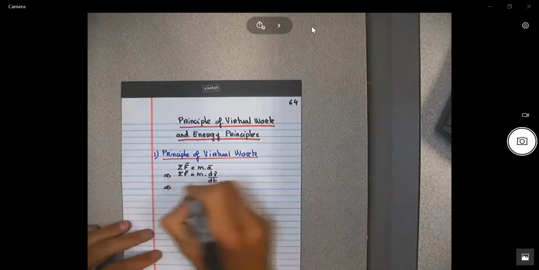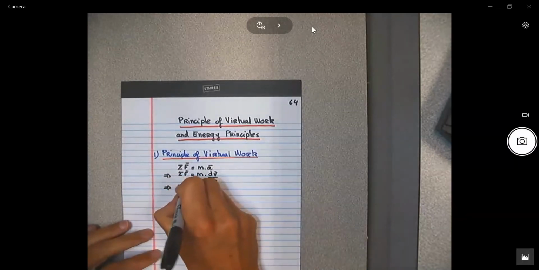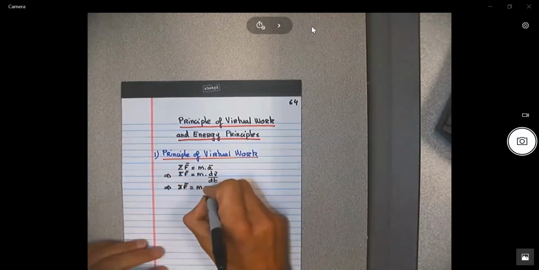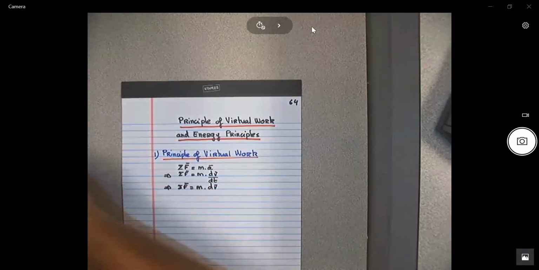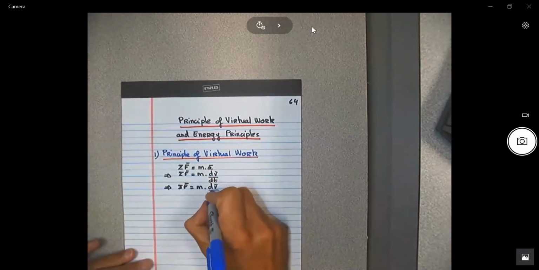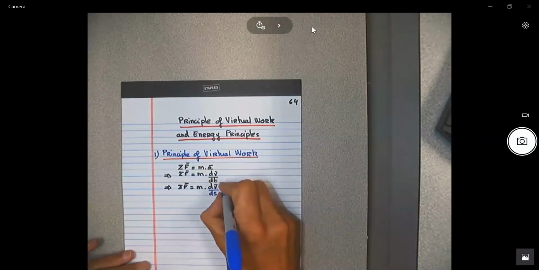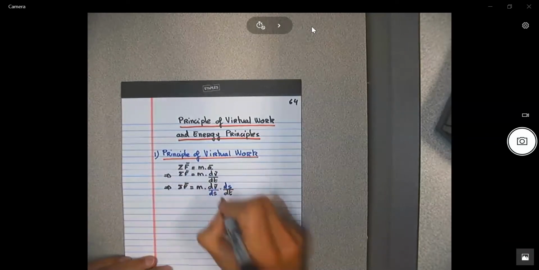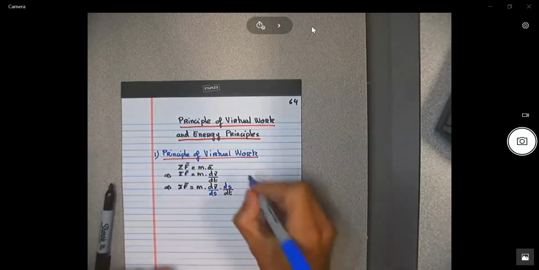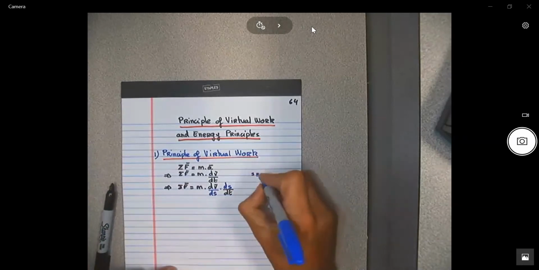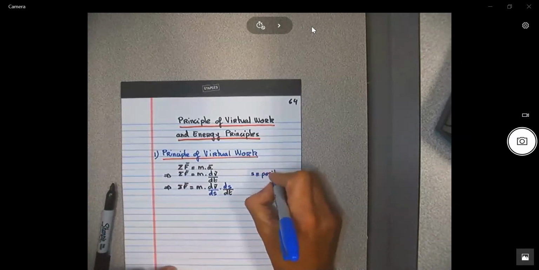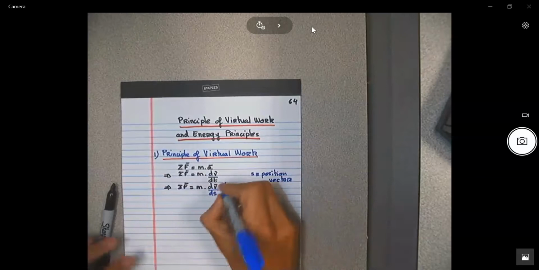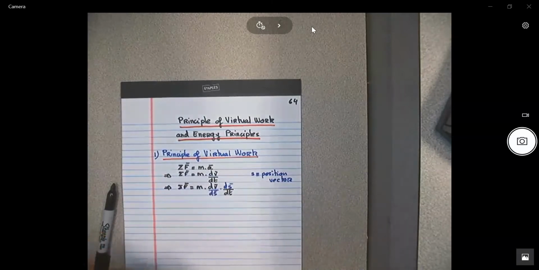Now, if we do the chain rule, this is equal to m times dv/ds times ds/dt, where here s is the position vector. Since it's a vector, we can put a little bar on top.